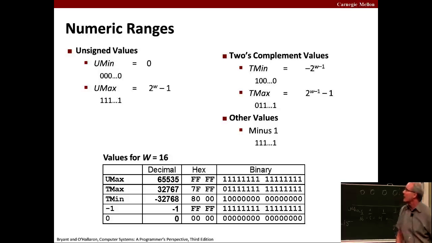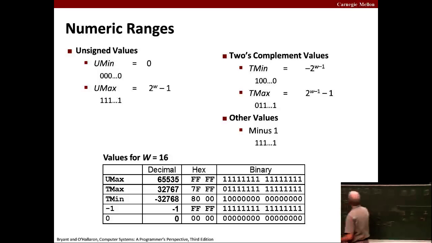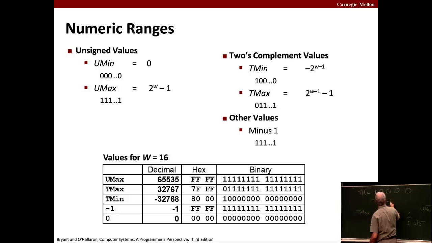And that's what this shows. And similarly over here, this is minus 2 to the 4th. And so in general that will be minus 2 to the W minus 1 if it's a W-bit number. Right, and all these make sense.